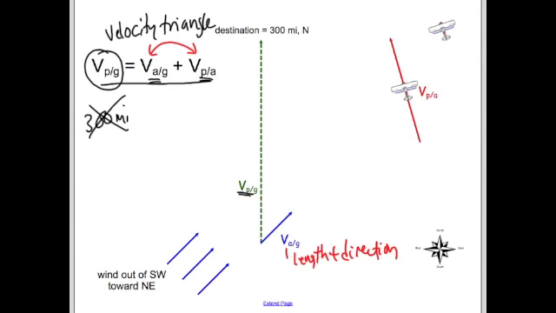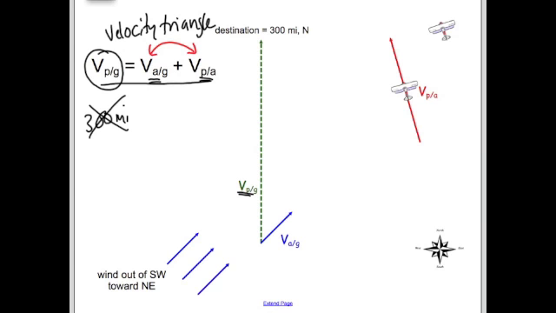And that's what this is, out of the southwest and towards the northeast. And it is 40 units long. So that vector, I know exactly how to draw. That's just going to get in my way, so I'm going to erase that.